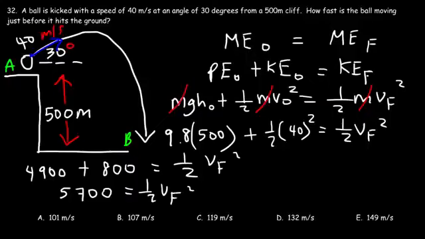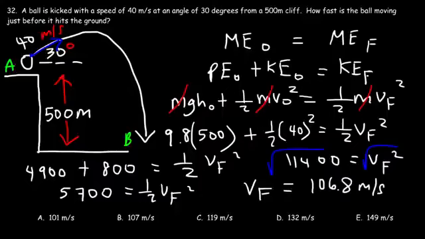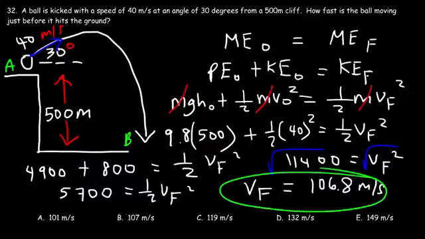So 5,700 times 2 is 11,400. The last thing we need to do is take the square root of both sides, and this will give us the final speed. So the final speed of the object just before it hits the ground is 106.8 meters per second. So this correlates to answer choice B.